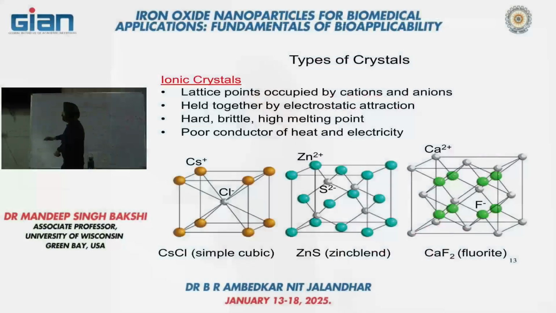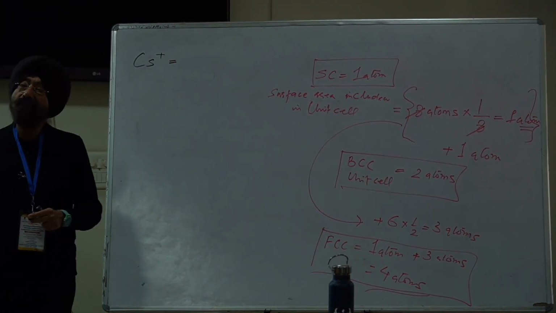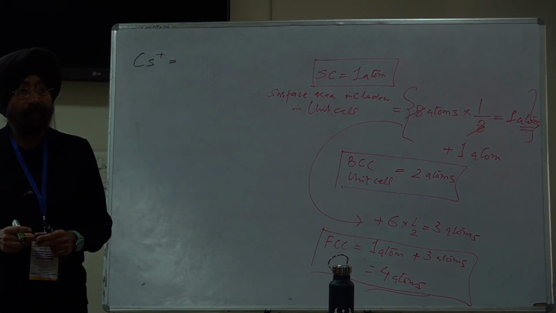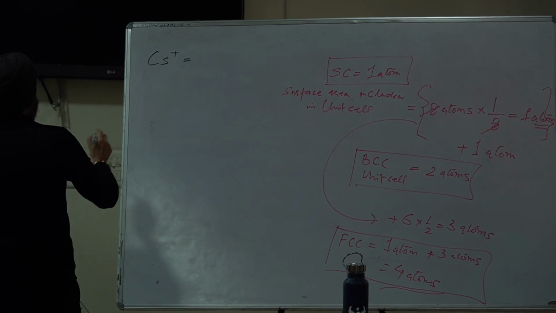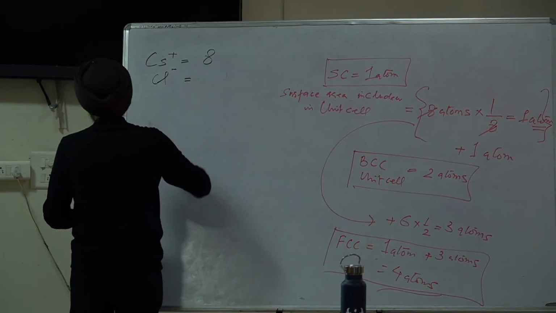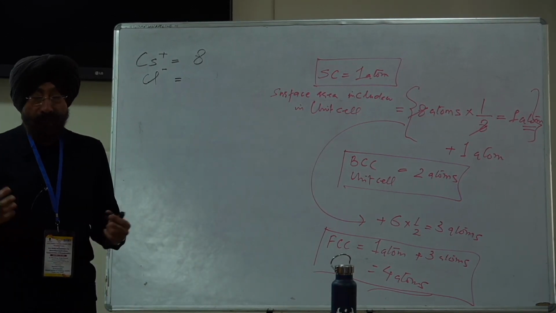So the unit cell is made by how many cesium cations? How many? 8. Correct. So there are 8 cesium cations. How many chloride anions are making the unit cell? It's 1.